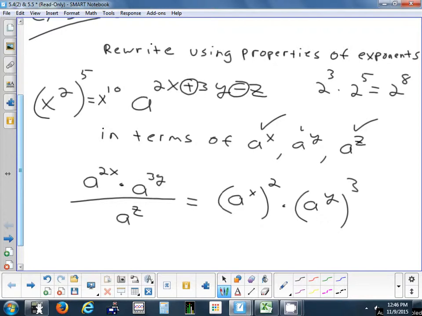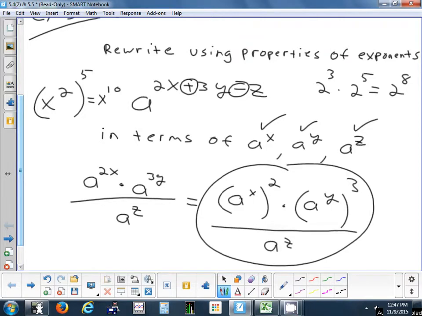Now we've got a to the y, and the bottom is a to the z. Okay, so that's purely just practicing rules of exponents and rewriting and manipulating things a little bit. Okay, questions on that?